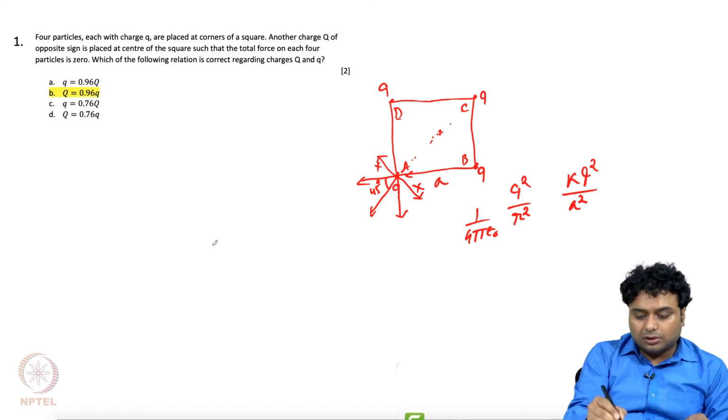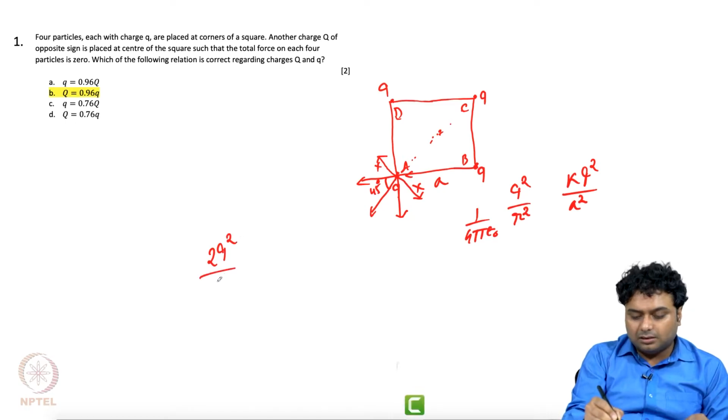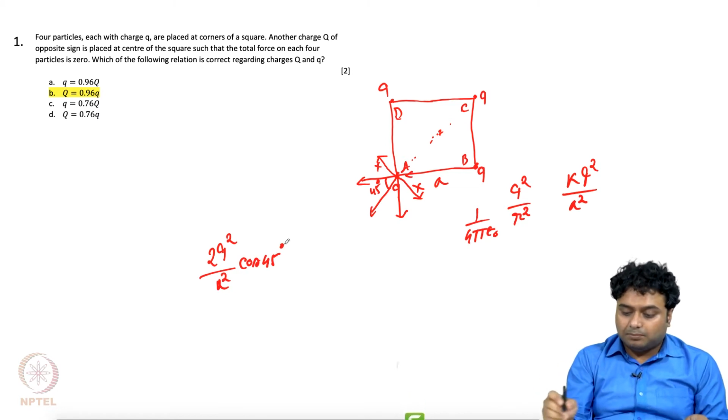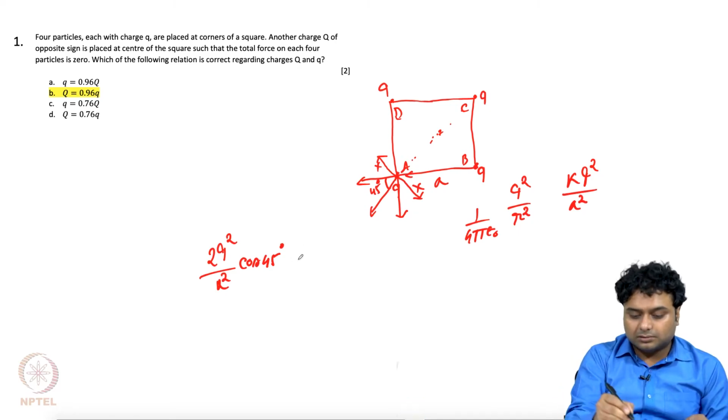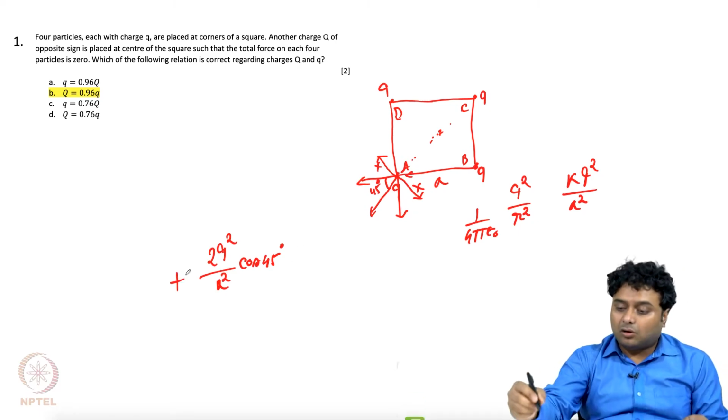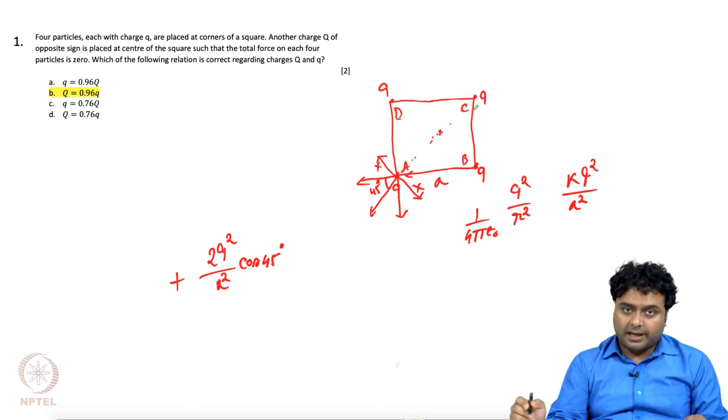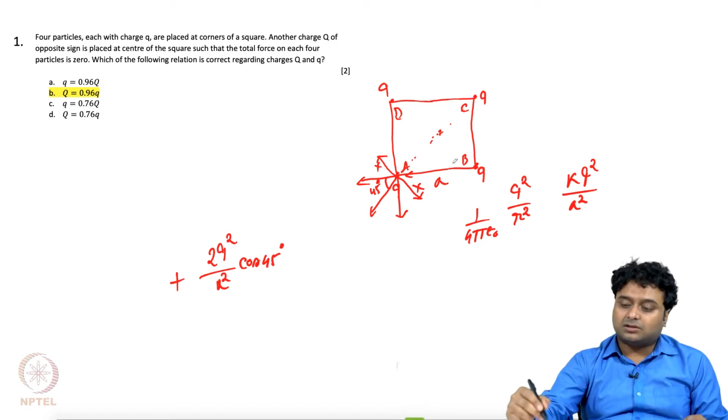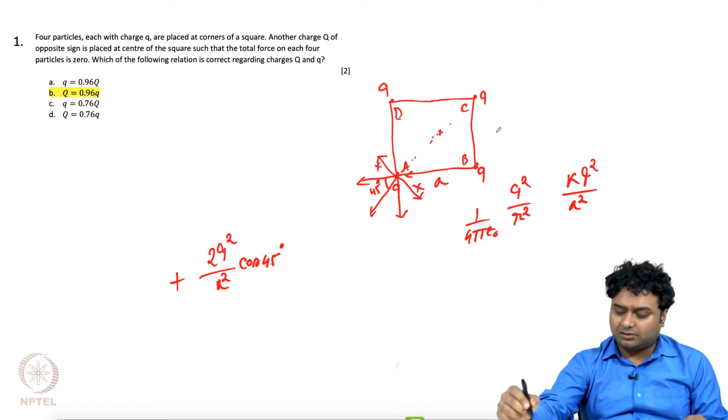So, the total repulsive force is equal to 2 k q square by A square cos 45 degrees, plus also the repulsion due to C. If each arm is A, then the diagonal will be A root 2, because it is the square root of A square plus A square.